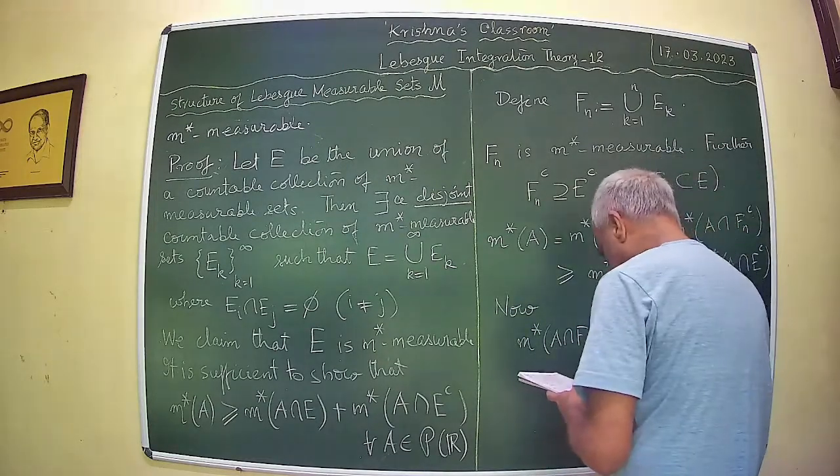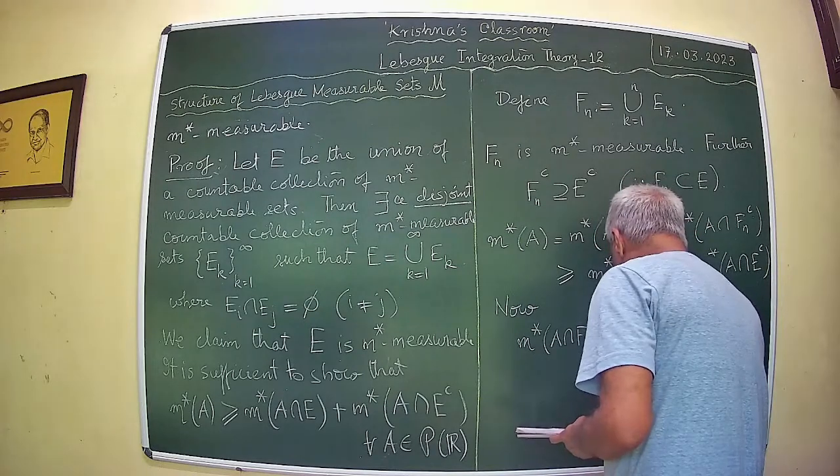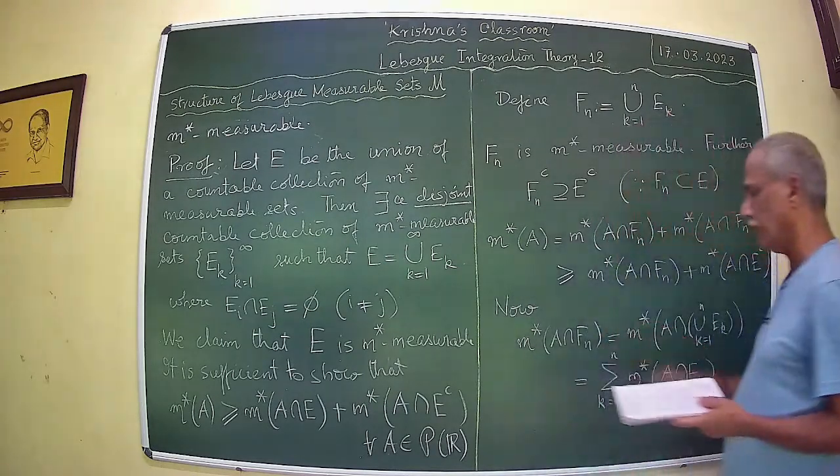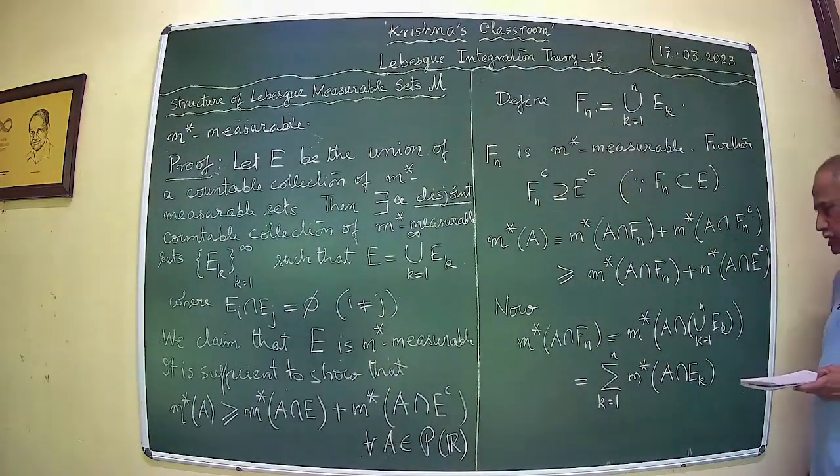K running from 1 to n, this we have proved already. Okay.